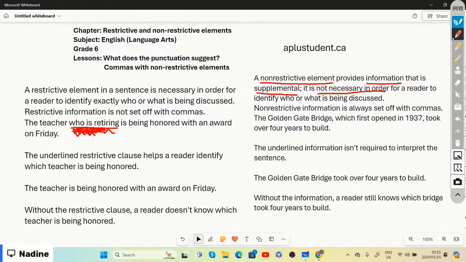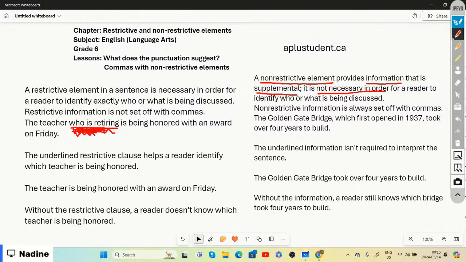It is just a straight sentence that says the teacher who is retiring is being honored with an award. Remember, sometimes without a comma, you also won't be able to separate who or what they're actually talking about. But in this case, with the teacher who is retiring, we can literally see who specifically they are talking about.